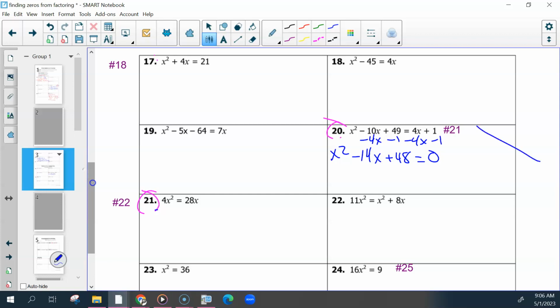So what two numbers multiply to be positive 48, but add or subtract to be negative 14? If they're both negative.